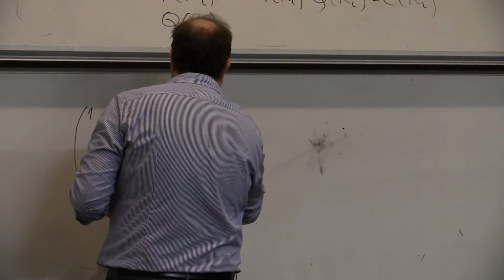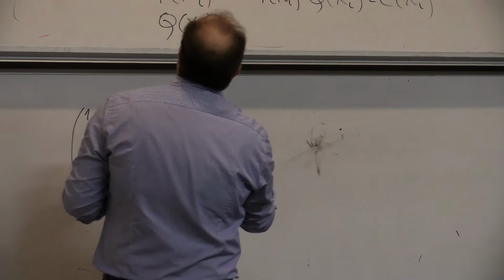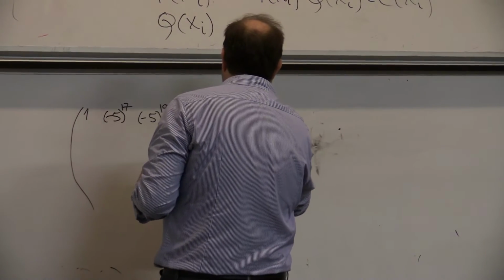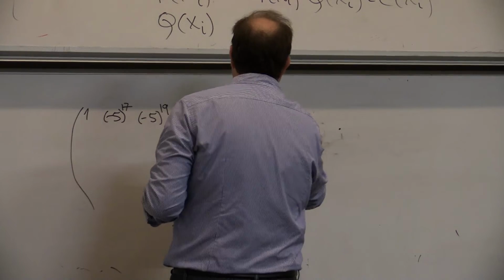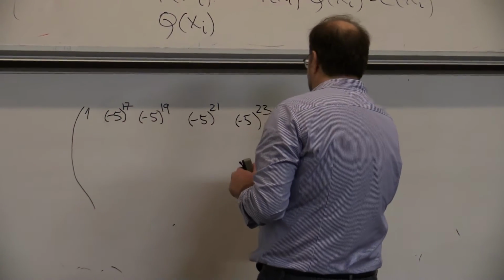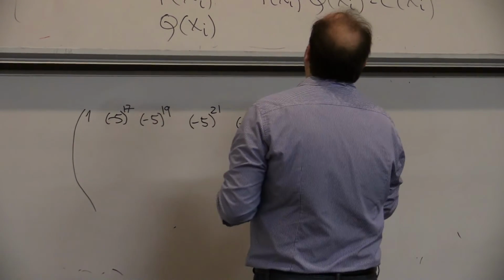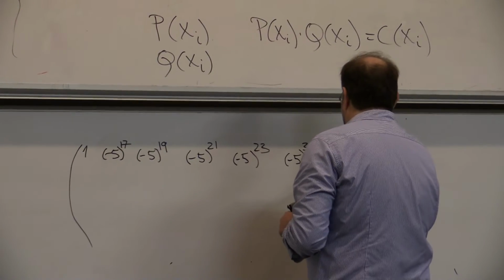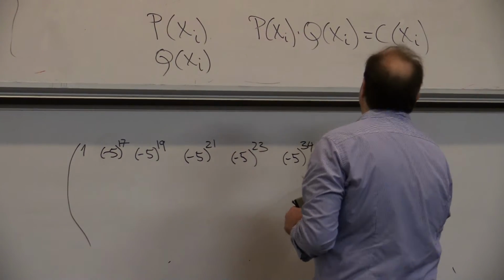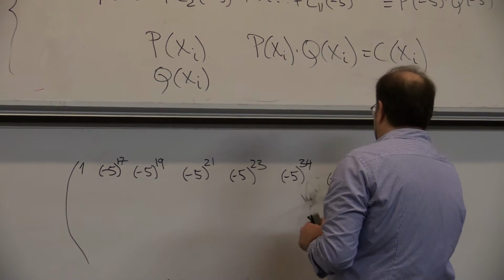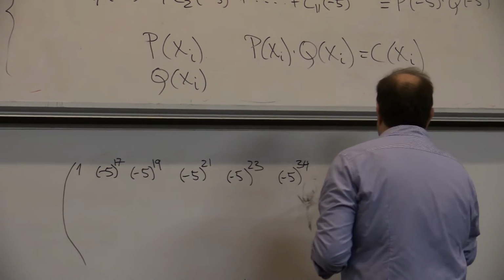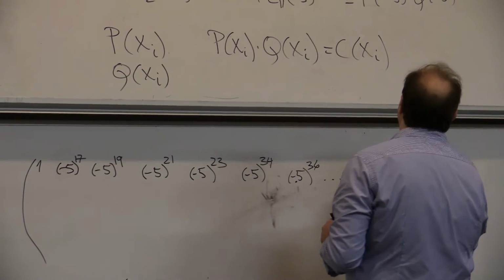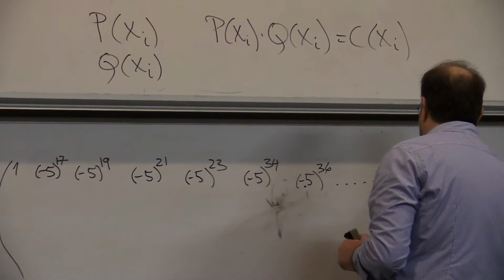Then minus 5 to the 21, minus 5 to the 23, minus 5 to the 34, minus 5 to the 36, and the last one is minus 5 to the 46.